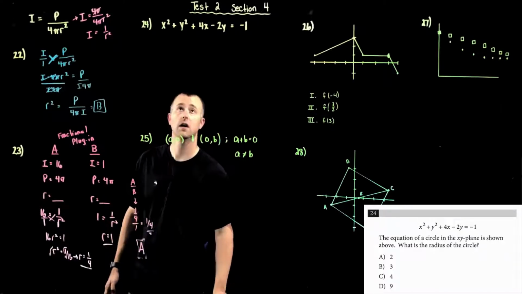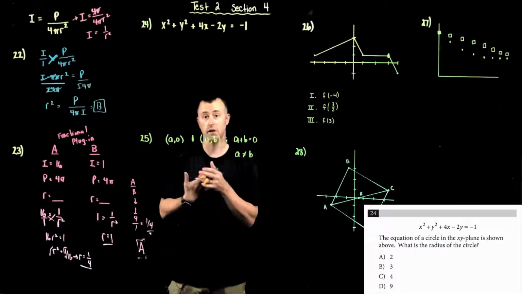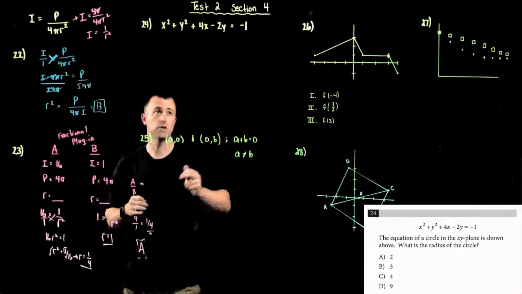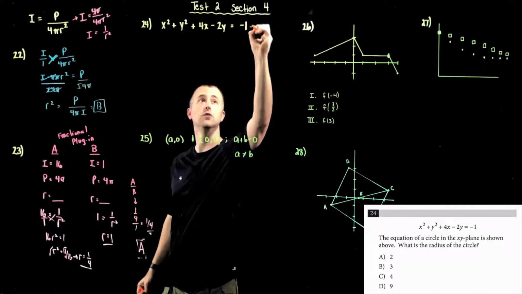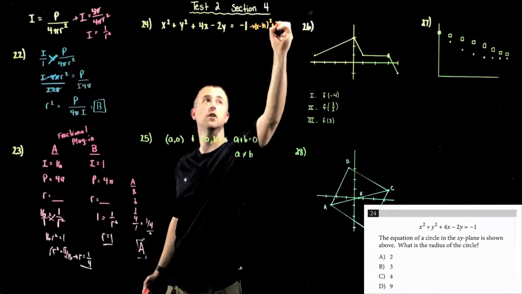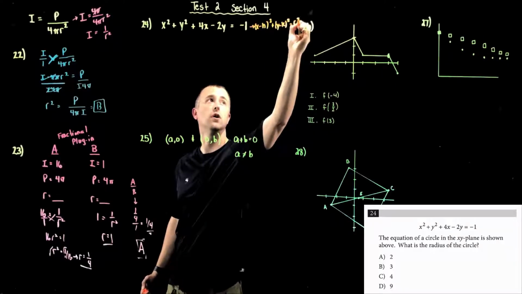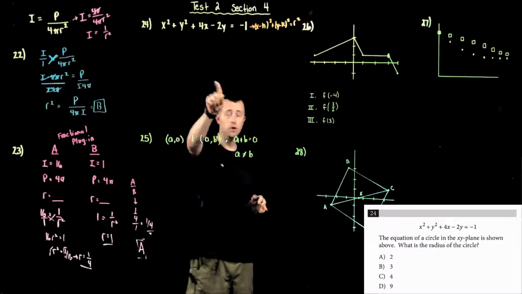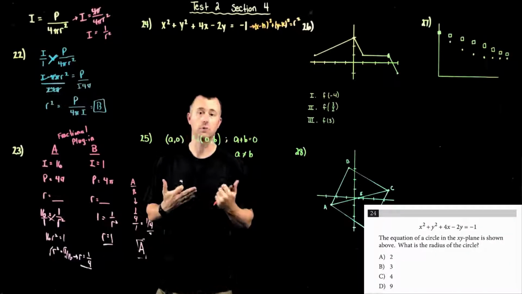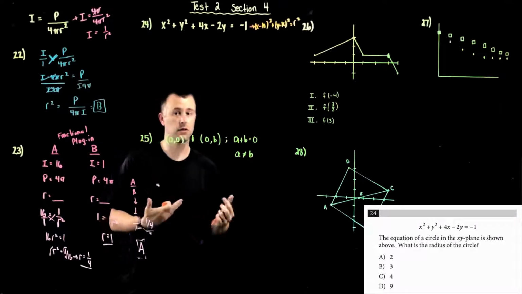But this is just asking you to convert from the general form of a circle equation to standard form for a circle equation, which means we're trying to get it into this form. (x minus h) squared plus (y minus k) squared equals r squared. That's what we want. We don't have that right now, but we can get there by doing something called completing the square. So I'm going to take this equation, I'm going to complete the square.